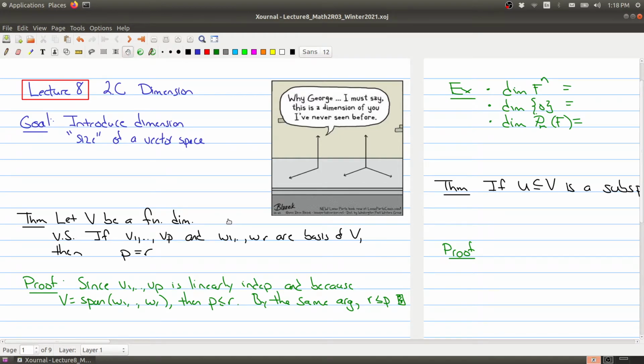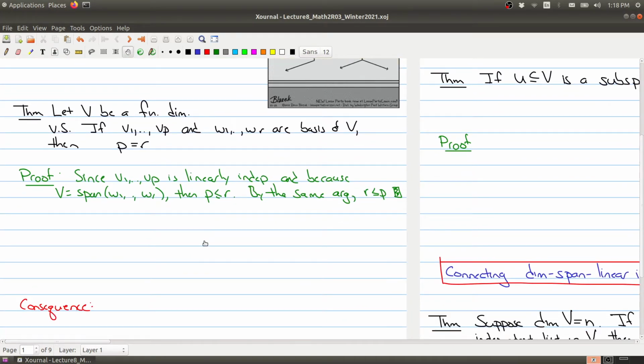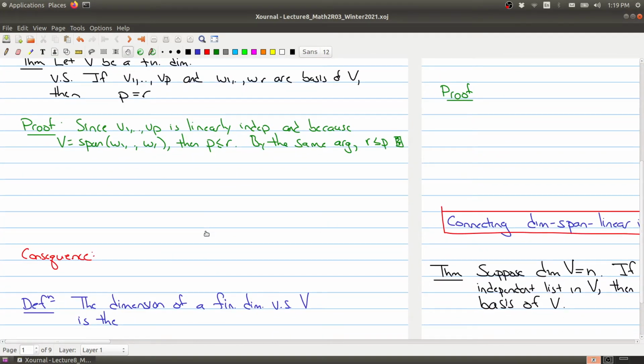Why this is important is that even though bases are not unique, and it's very easy to find many different bases of a vector space, what is unique is the number of elements in your basis. An important consequence is that all bases of V have the same size, the same number of elements.